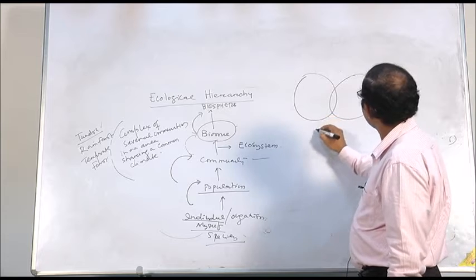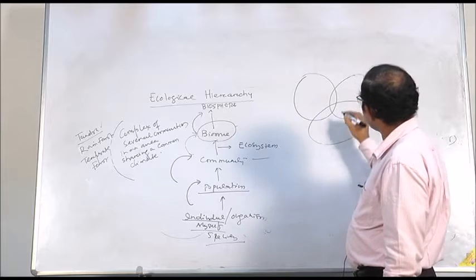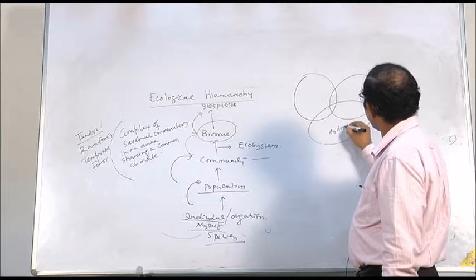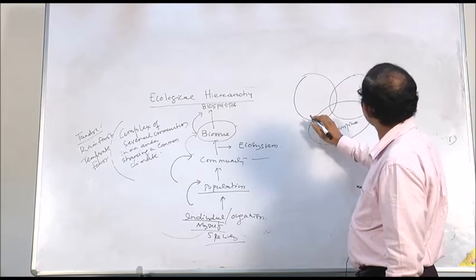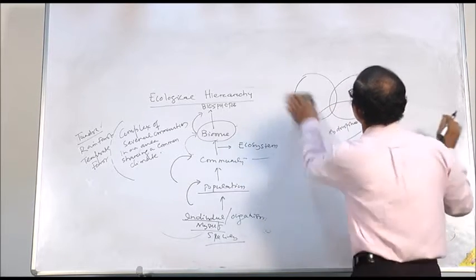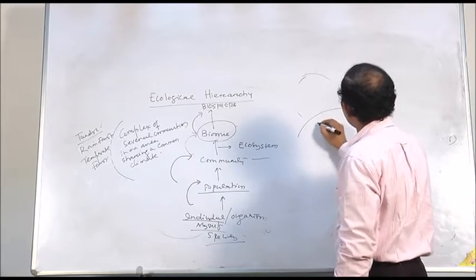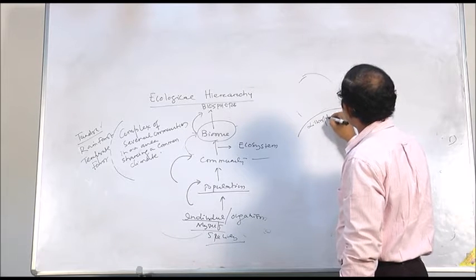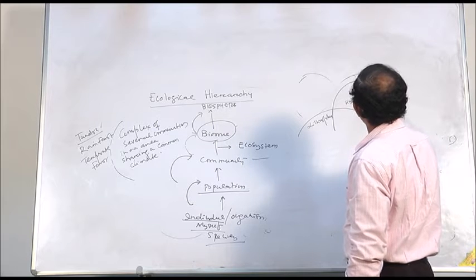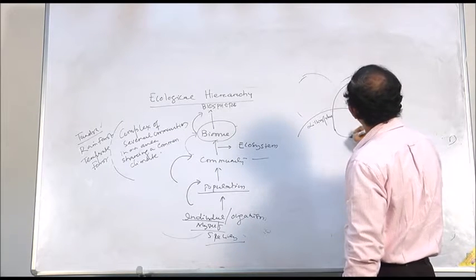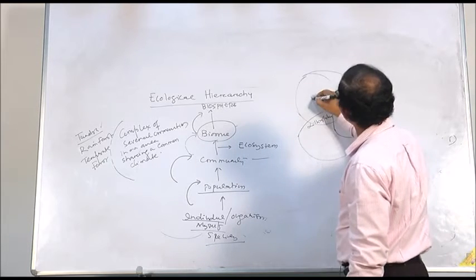One is the lithosphere, then the hydrosphere, the water part, and the upper part, that is called the atmosphere.